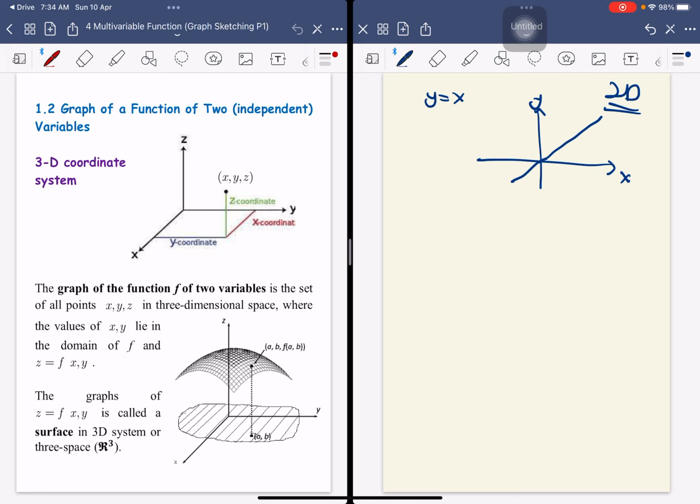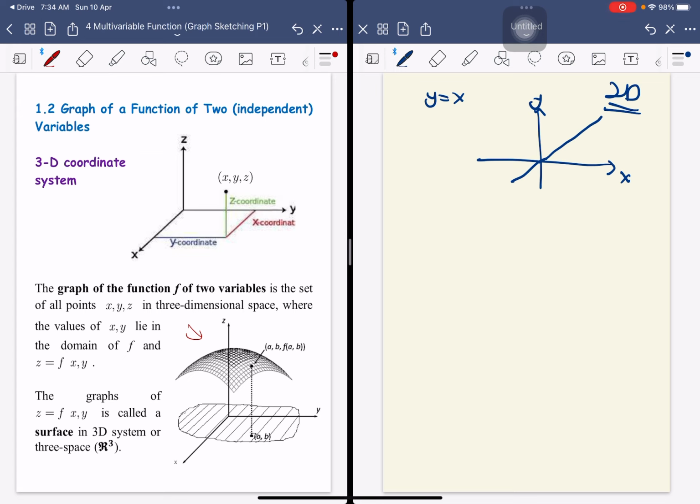You still need the prior knowledge of the 2D graph to get a 3D graph. As you can see, getting a 3D graph is not easy. The graph will be like this.